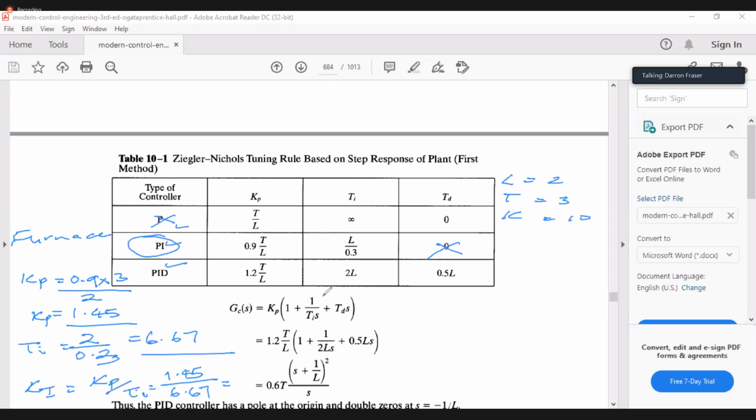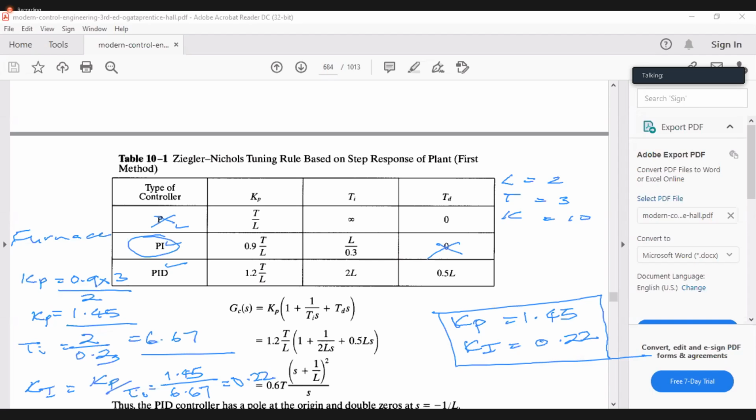We need a battery for the phone. 0.22. So Kp is equal to 1.45 and Ki is equal to 0.22. So that is how we would sort that out.